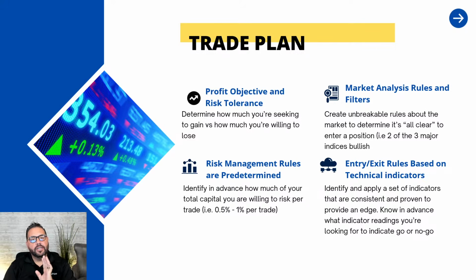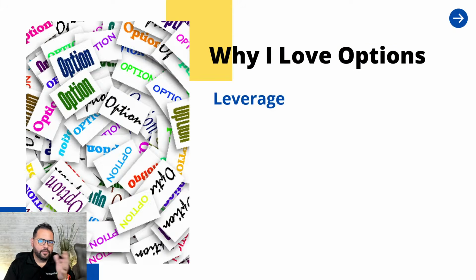Now what we're saying is, let's talk about options. We've got our trade plan set aside. We've got our details. Let's apply it to a certain trade strategy. First of all, let's talk about why I love options. The first thing that comes to mind when I start thinking about options is the leverage, right?